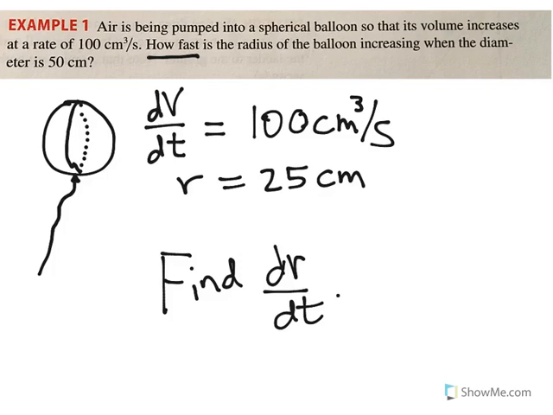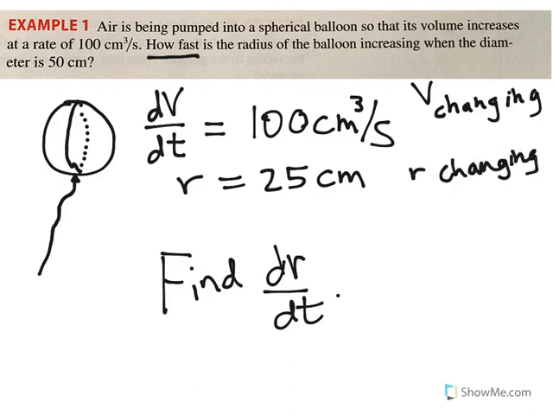So when you see a value, you want to identify, is that value a fixed value or a changing value, and then what is that value representing? So the 100 centimeters cubed per second, that's talking about the volume. That's a dV/dt. That volume is definitely changing. Okay, so volume is changing, and then the radius is also changing as you get more air in this balloon.